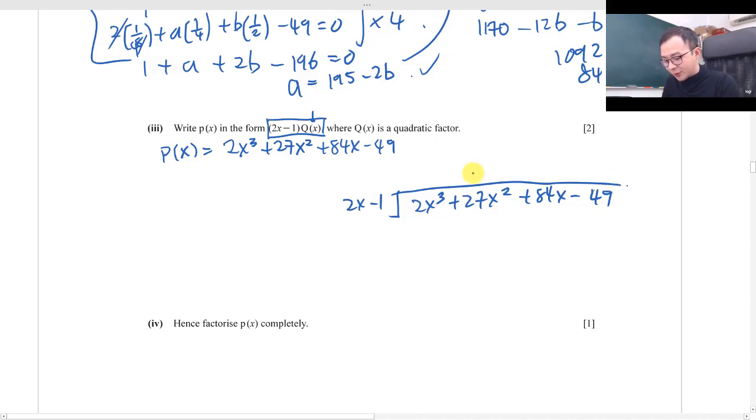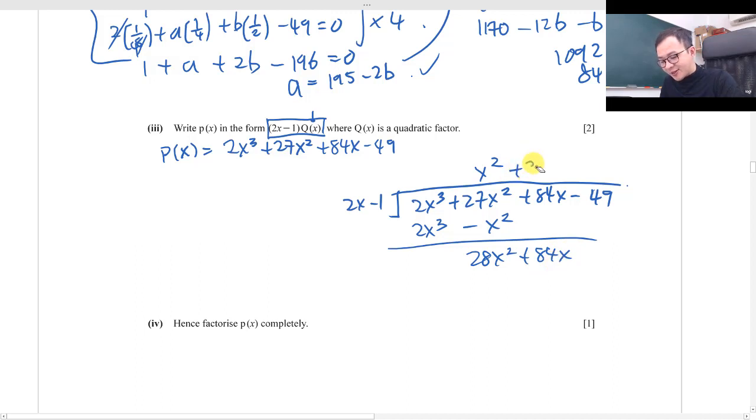Okay, so the quick one, I will get x squared here, so I get 2x cubed minus x squared. So I have 28x squared plus 84x, then I add 14x in order to eliminate the first term, so I do 14x here. So I get 28x squared minus 14x squared here, and then minus will be plus, so this one will be 98x minus 49.